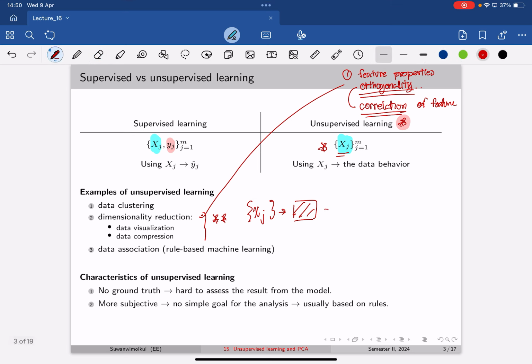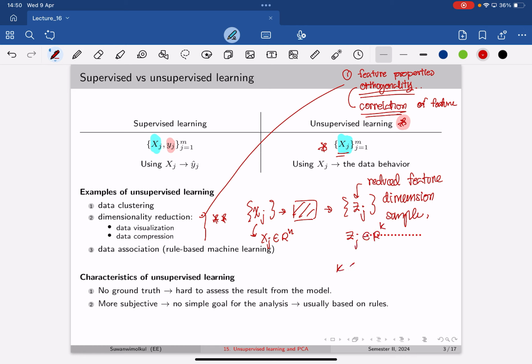Then this black box returns a set of output that is a reduced feature dimension. Let's say if originally xj is in Rn, this output may be in Rk, and k is much less than n.